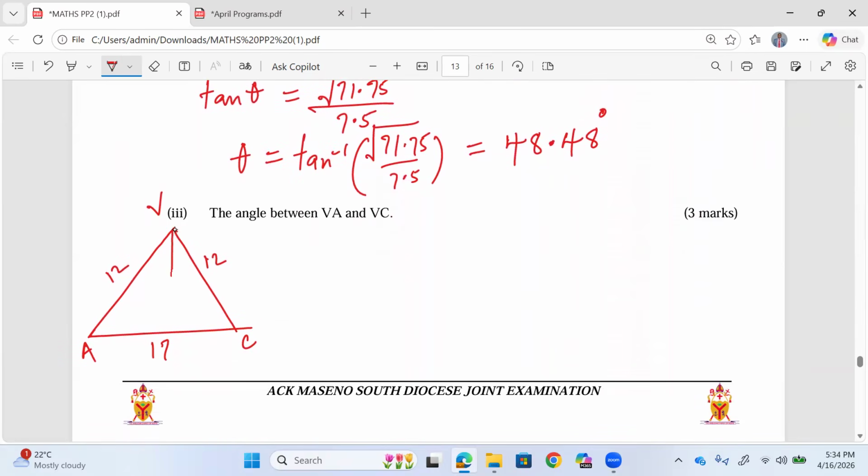So this one is known as 8.47, like that. 8.47, or the square root of 71.75. So to get the angle between BA and BC, we need the whole of this.